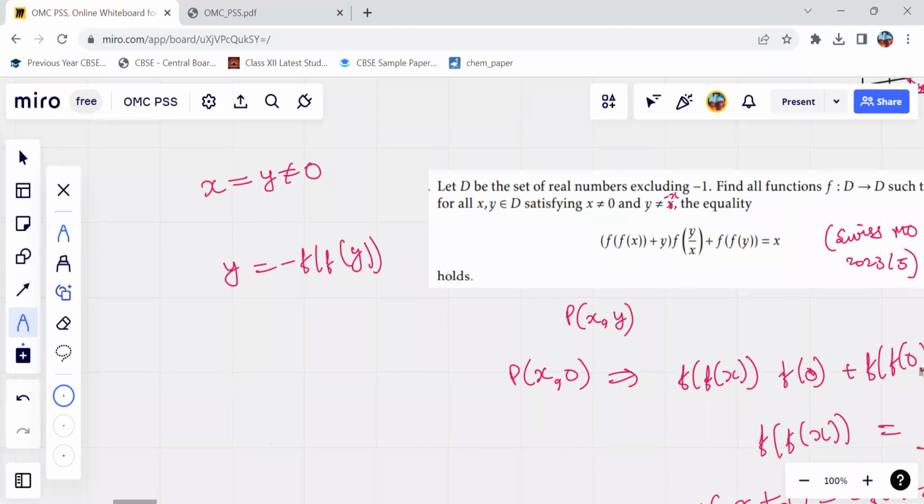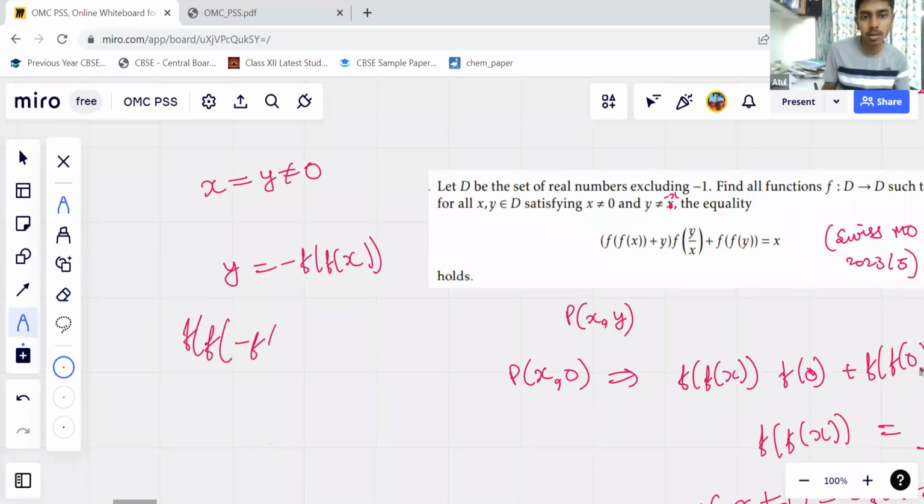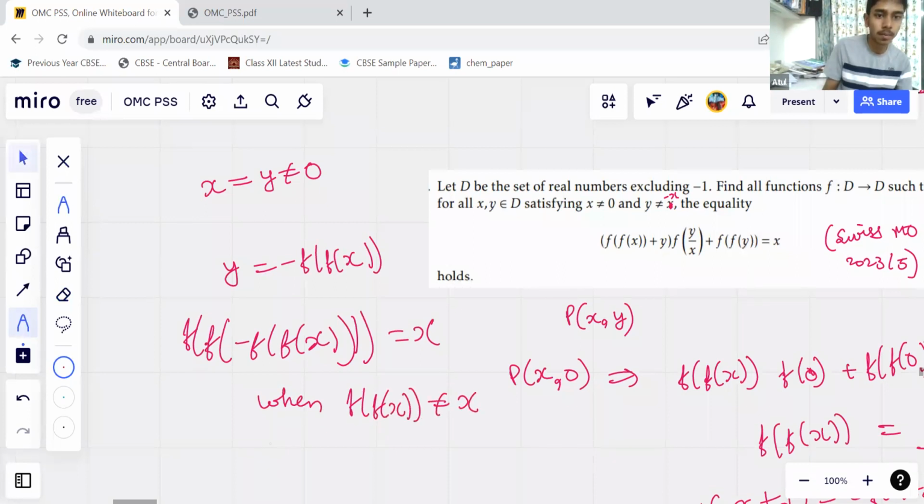Wait, do we get that? Yeah, because from your equation, f of cx plus d is equal to something linear in f of x. From that we can get f of minus f of x. This equals x when f of x does not equal x.